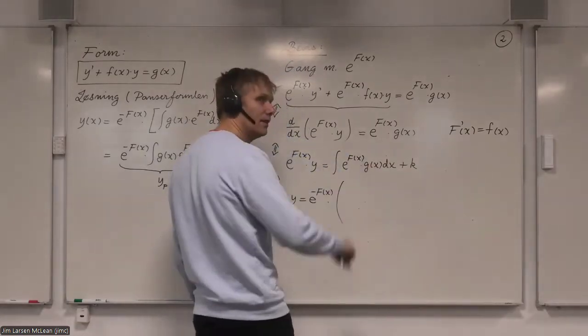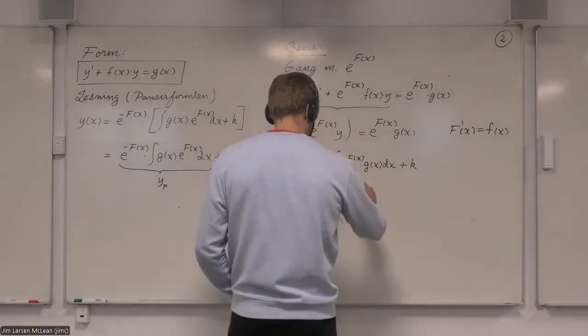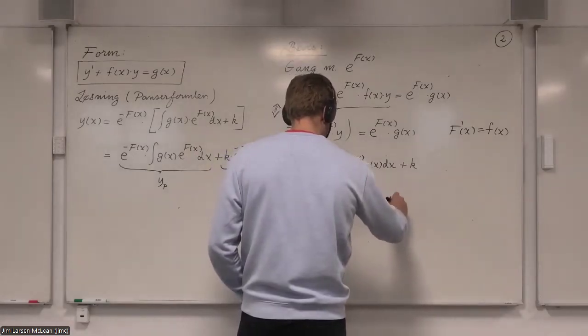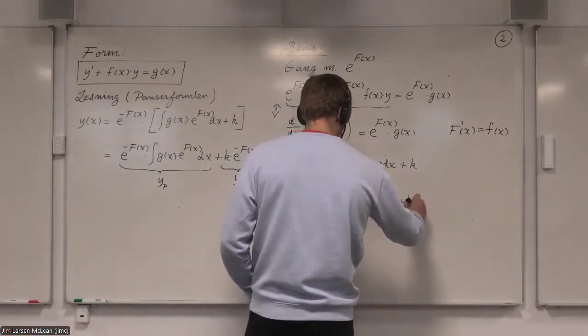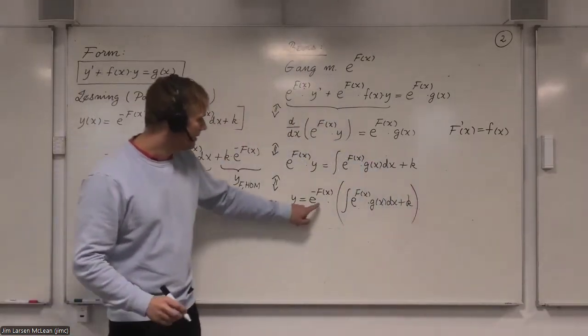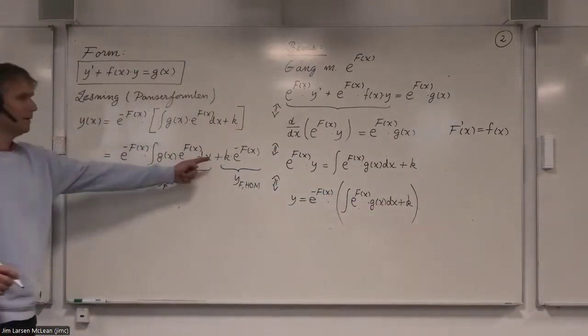Then the integral of e to the capital F times g dx, plus k. If we multiply that with the integral and that with the constant, we get what I've written here.